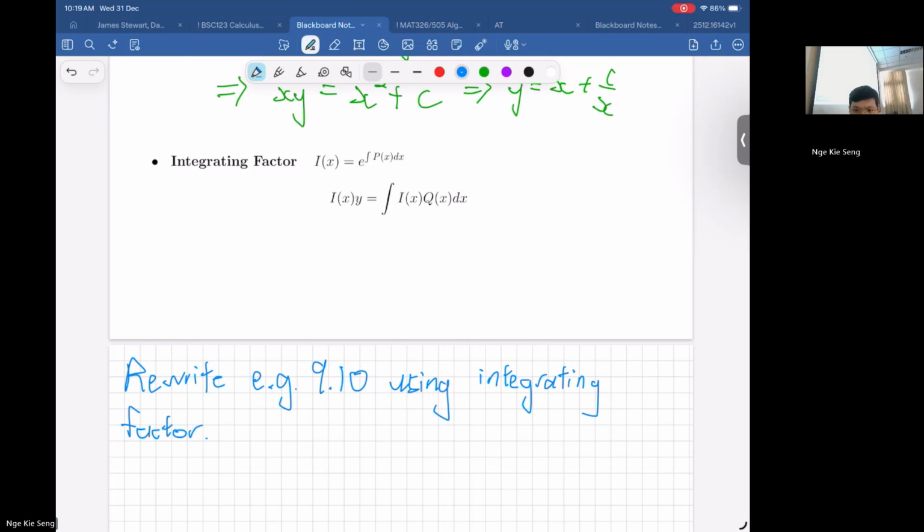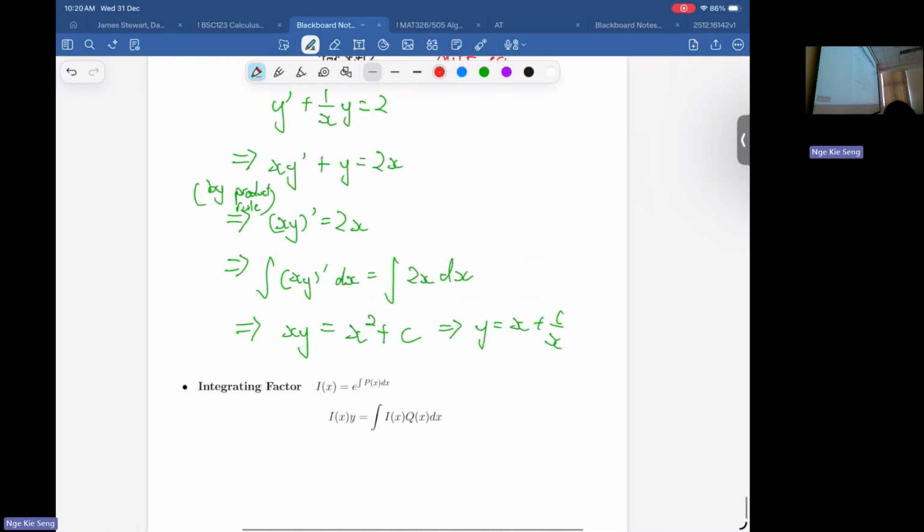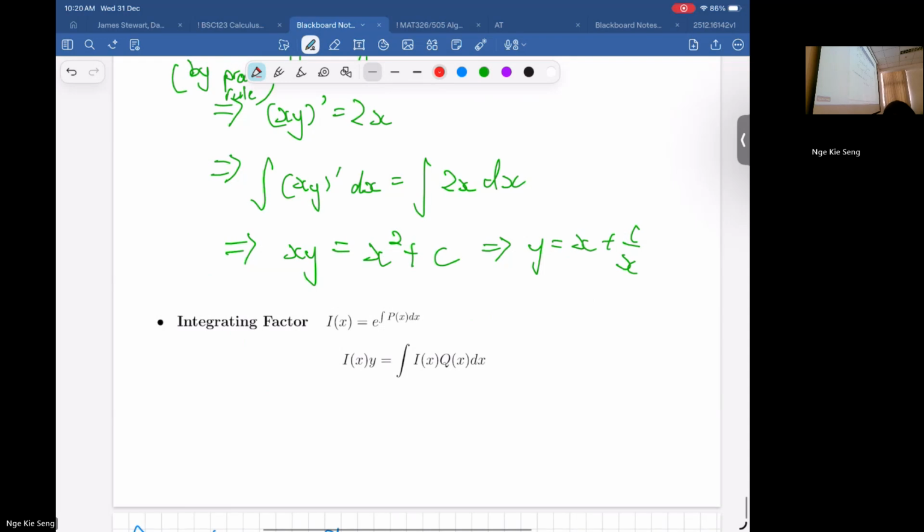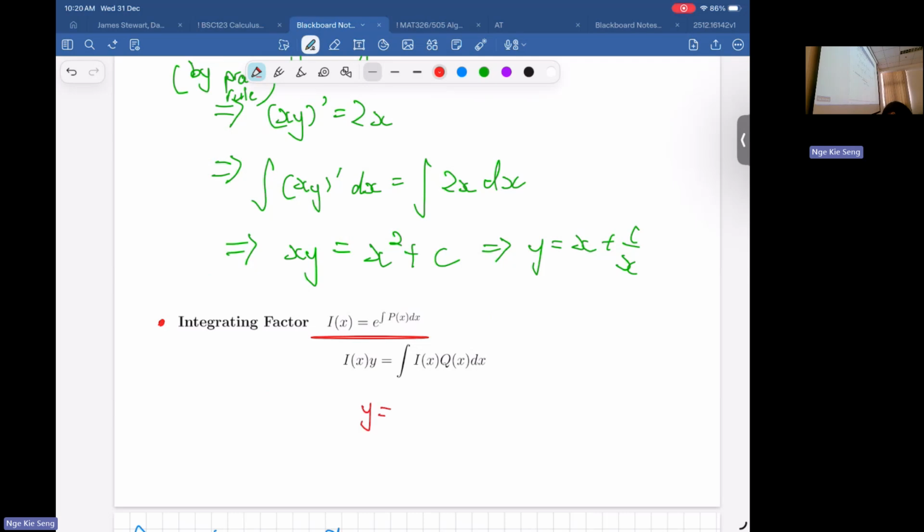This is the technique we had. If we set I(x) equal to this integrating factor, then we will solve y as 1 over I(x) times the integral of I(x) q(x). Okay, so what are we trying to say here?